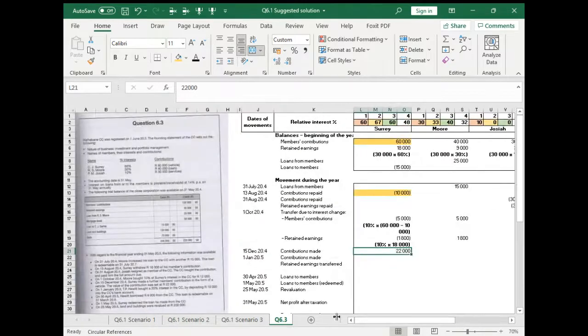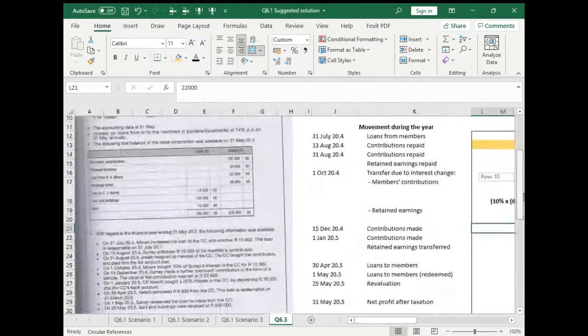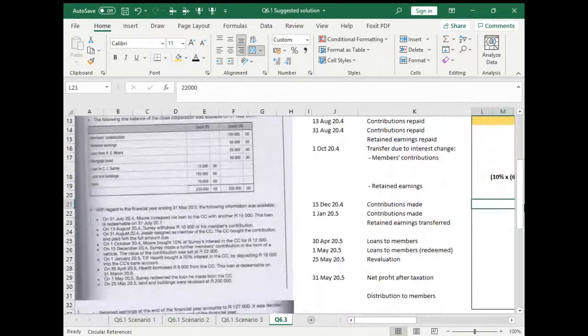Then if we go to the 1st of January, on the 1st of January, TP Hewitt bought a 20% interest in the CC. So they bought 20% of the total interest. Now what that means is they are acquiring 20% of Surrey's 60% and 20% of Moore's 40%.